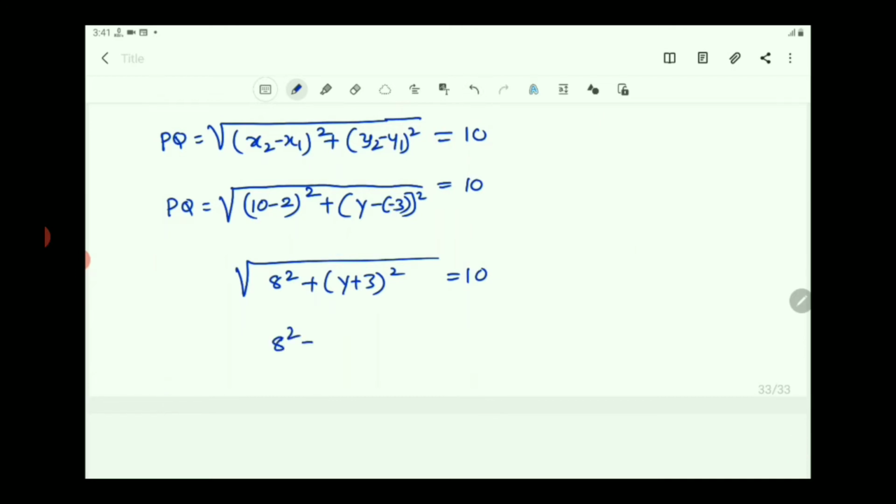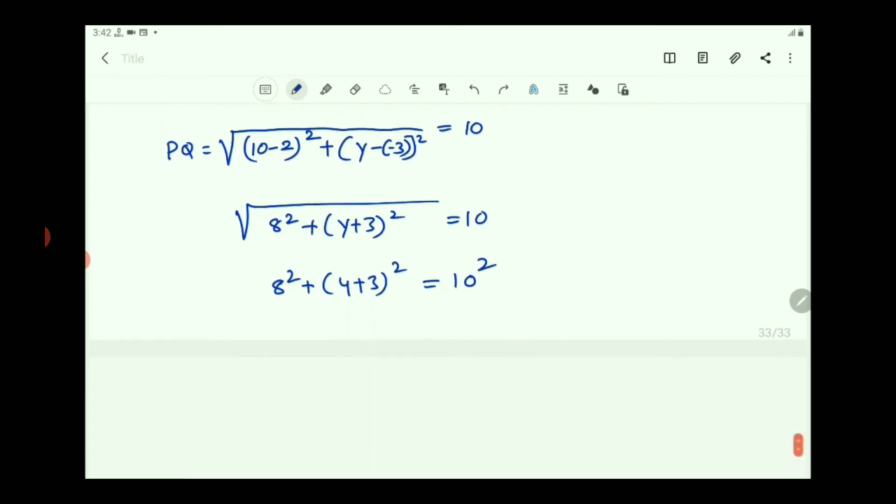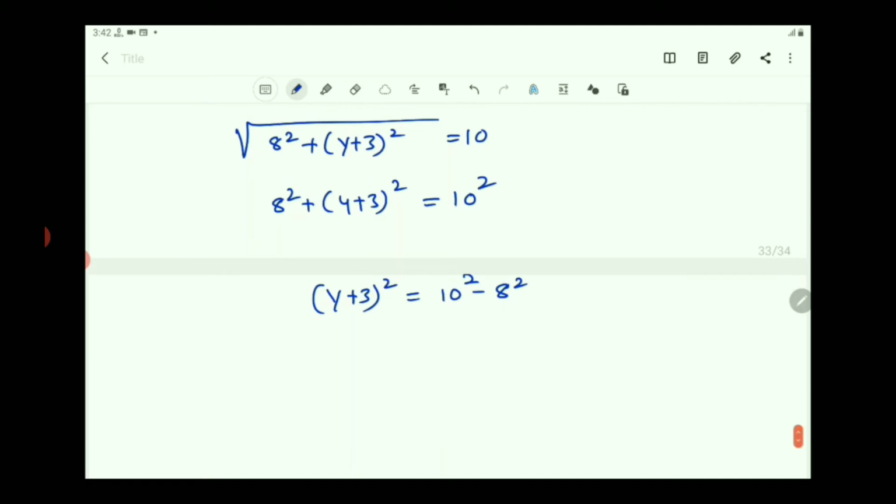So you got 8 square plus (y plus 3) whole square equals 10 square. Here the square root is cancelled on the LHS, we have to take the square on the RHS. Then (y plus 3) whole square equals 10 square minus 8 square.